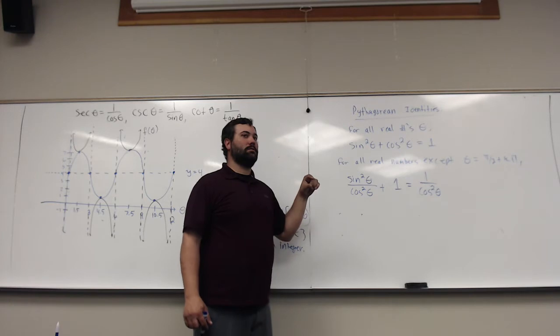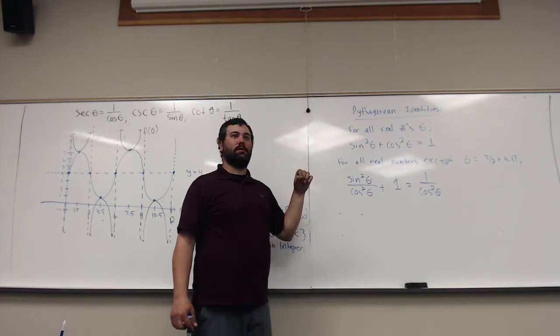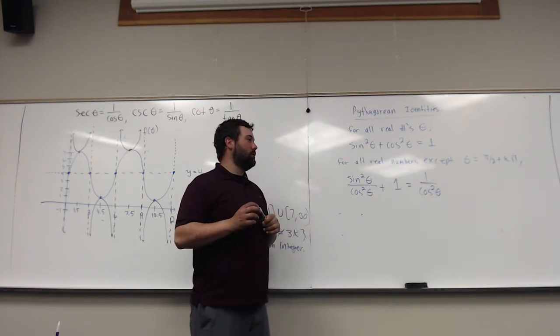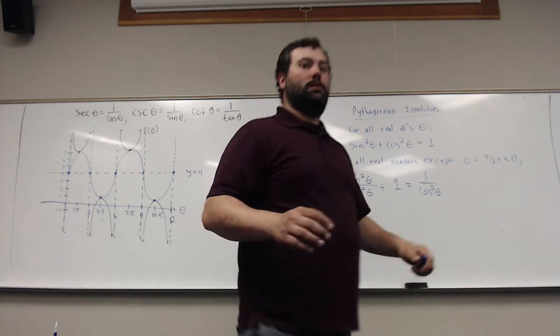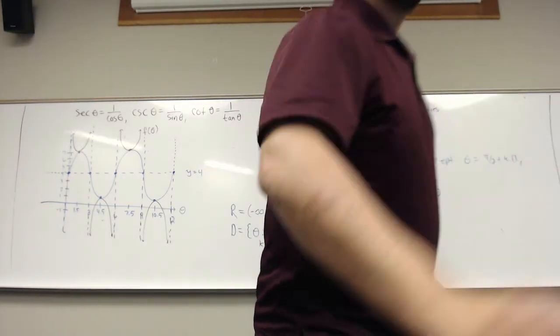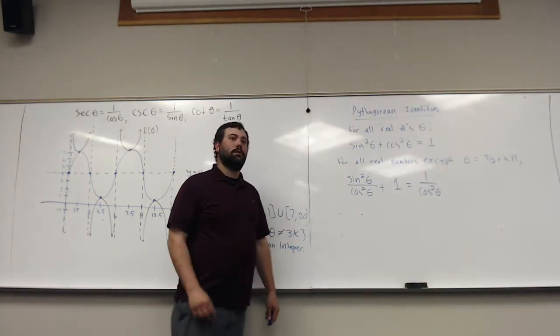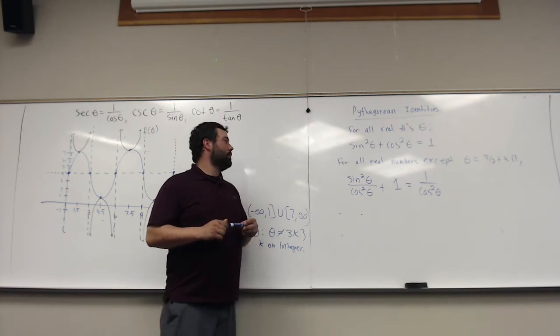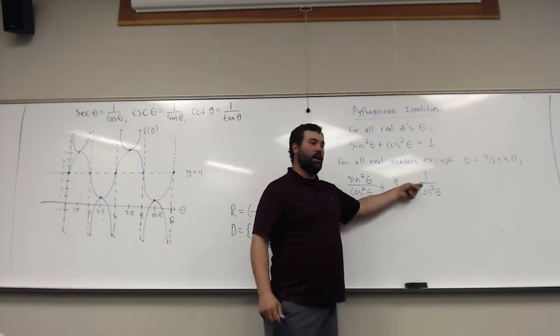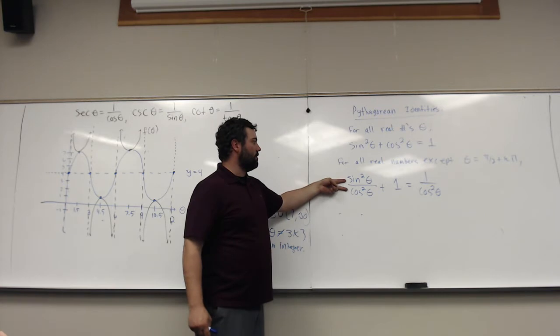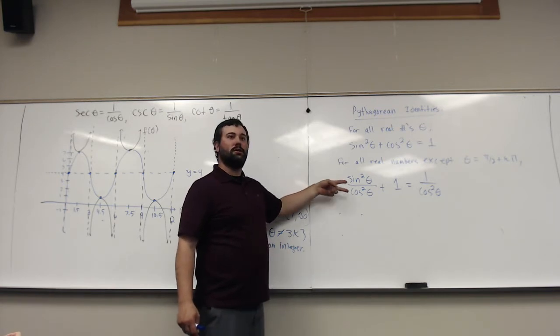Anybody maybe see another way of explaining that? Yeah, Brittany? Maybe I'm jumping ahead, but won't that simplify to secant squared? Yep, so on the right, that'll simplify to secant squared. Since sine over cosine is tangent, this will become tangent squared.